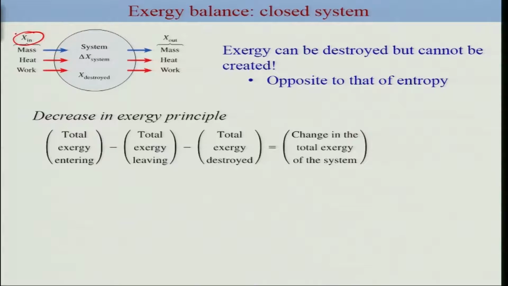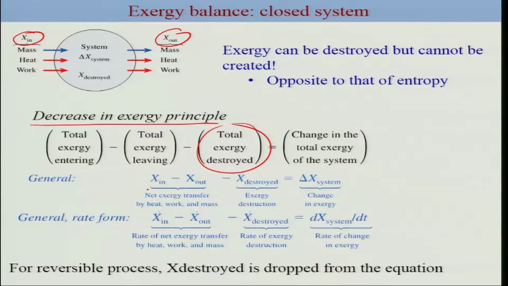So, we have X in, X out due to mass, heat, work, and the concept which we have just developed based on the decrease in exergy principle can now be written more formally: total exergy entering minus total exergy leaving minus any destroyed exergy should be equal to the change in the total exergy of the system. Or in other words, we can write this in a general expression as X in minus X out minus X destroyed equals delta X system, or this would be your rate form, okay.